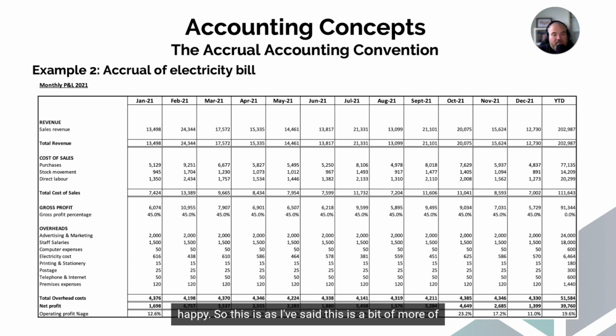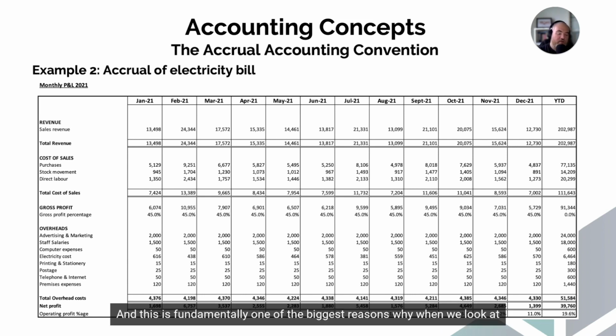So this is, as I've said, a bit more of a tricky concept than some of the others. It does take a bit of getting your head around, because most people think in cash terms, accountants think in terms of timing of revenue recognition and the recognition of related costs.